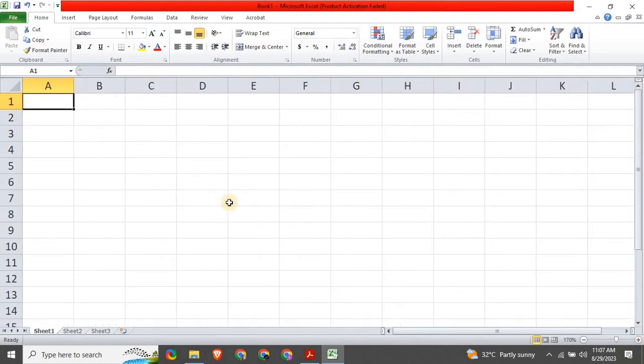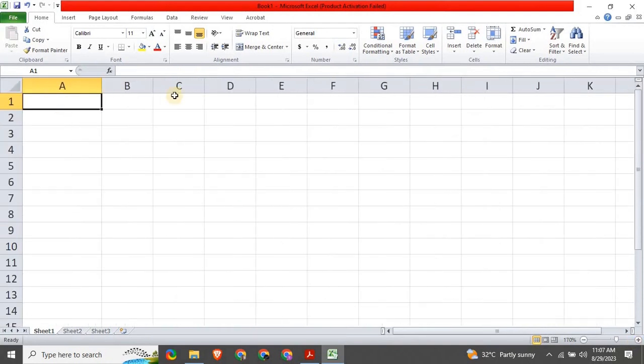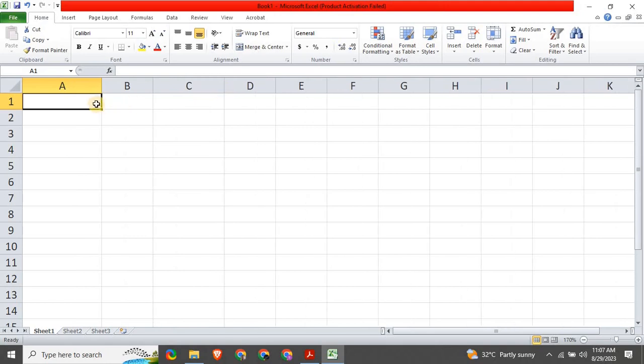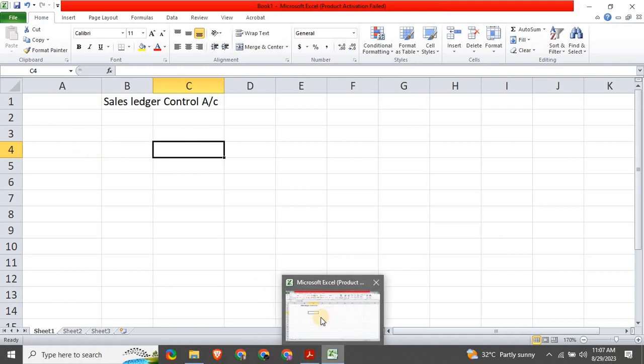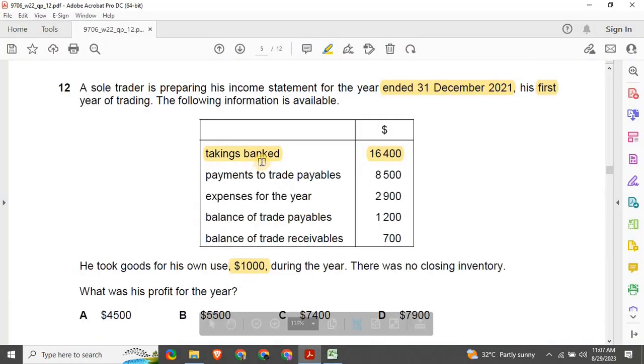So we need to prepare control accounts to find out sales and purchases. If this is my sales ledger control account, then this is related to all trade receivables. In the question it says banked, so whenever you receive money from trade receivables, it should be on the credit side.